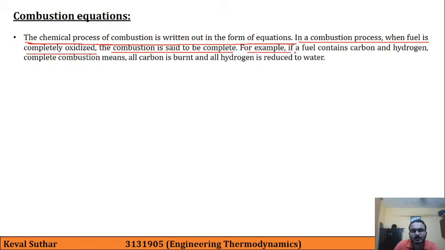For example, if a fuel contains carbon and hydrogen, complete combustion means all carbon is burnt and all hydrogen is reduced to water. So this is a very important concept, that here the fuel is completely oxidized. Full burning is happening, that is, all carbon is burnt and all hydrogen is reduced to water.